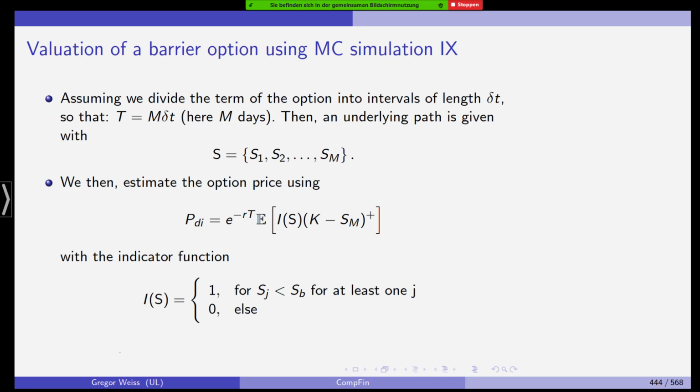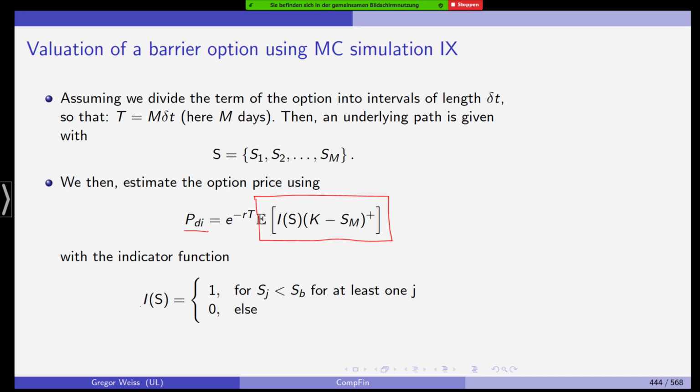Now we estimate the option price for the down and in put by taking the expected value of the payoffs. The payoffs are given by the strike minus the final underlying price, if this difference is positive and zero otherwise, times an indicator function. The indicator function is 1 if for at least one j the underlying price at time j is smaller than the barrier SB.